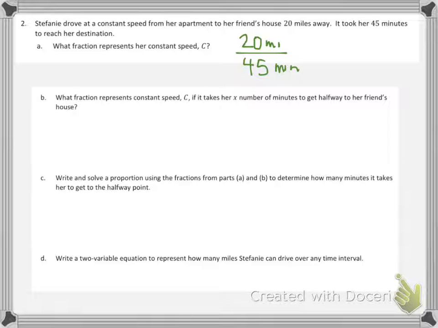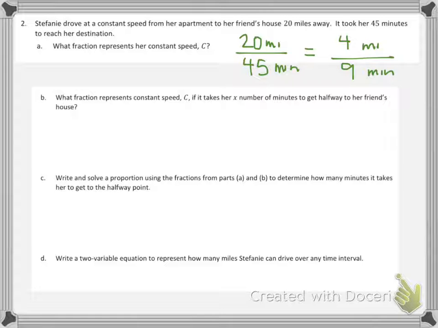Okay, and then I would like to simplify that moving forward. So when we do write our equation, I'm going to have a simplified coefficient. I can divide each of these by 5 again. So 20 divided by 5 is 4 miles. And 45 divided by 5 is 9 minutes. So 4 miles and 9 minutes will be our unit rate.